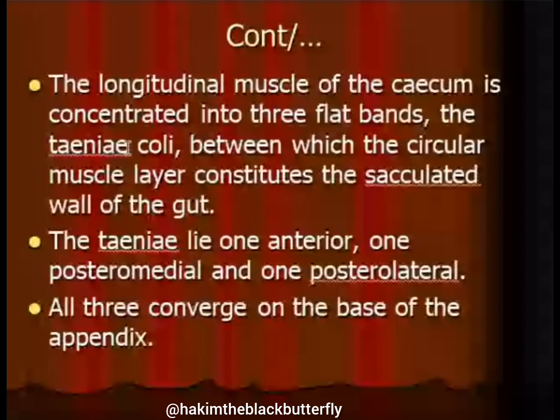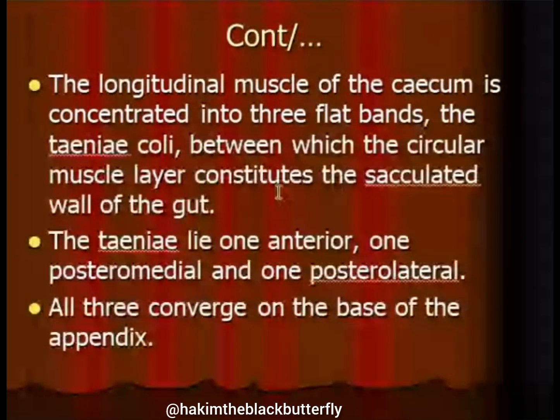And you're going to find that when the longitudinal muscle layer of the colon and the cecum contracts at those 3 points known as the tinea coli, it forms circular structures known as haustrations, which we shall see, which make the wall of the large intestine rough.